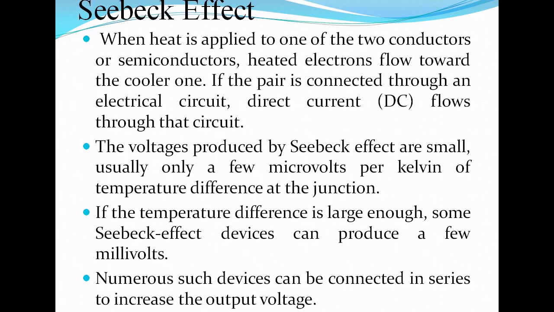So here two conductors are there, or semiconductors can be used, P and N type. One conductor is at high temperature and the other is at low temperature. So the electrons will start flowing from the hot conductor to the conductor which is at lower temperature.